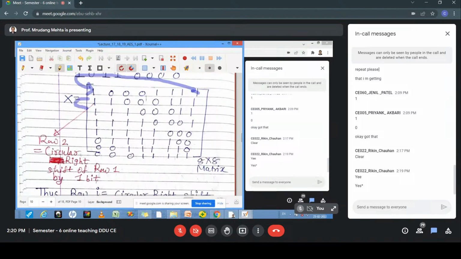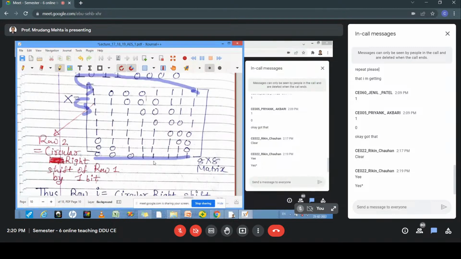Then again we perform a right shift: 1 1 1 0 0 0 1 1. Again we perform a right shift, and finally what we get is this. Is this clear? A circular right shift of row 1 by 1 bit.